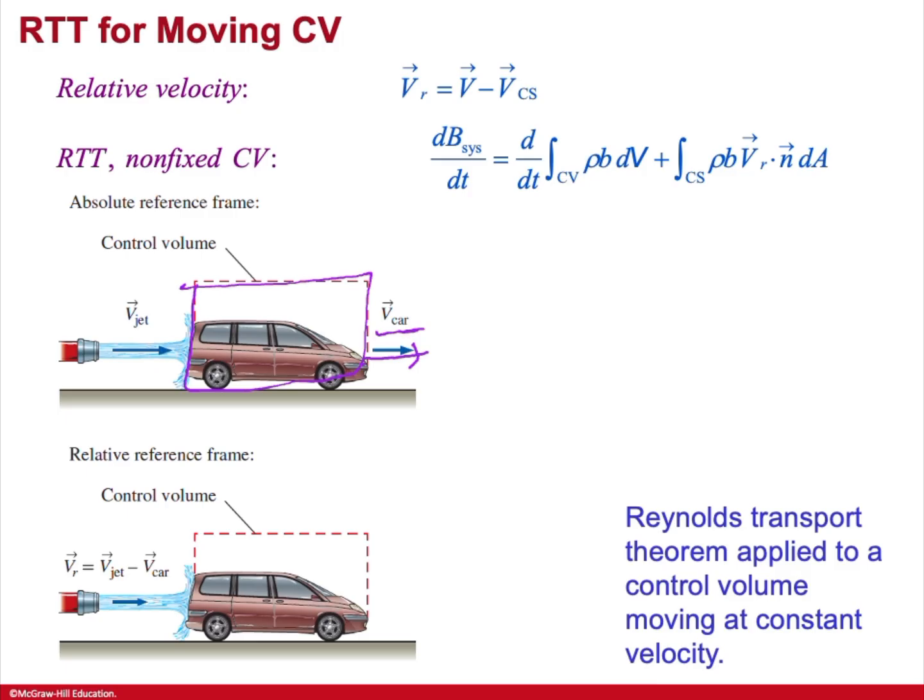So if we are talking about how much of this jet is entering this control volume, in this frame of reference you will be concerned with the relative velocity. That is the velocity with which the jet is actually entering the car or the volume of the system, right?